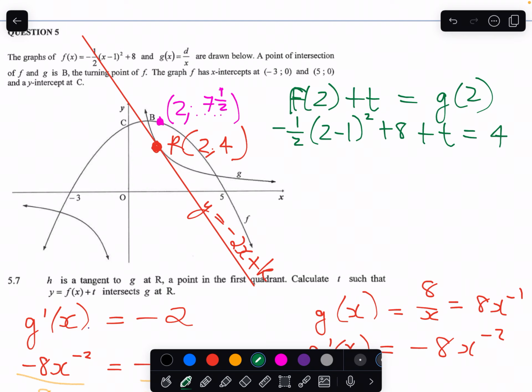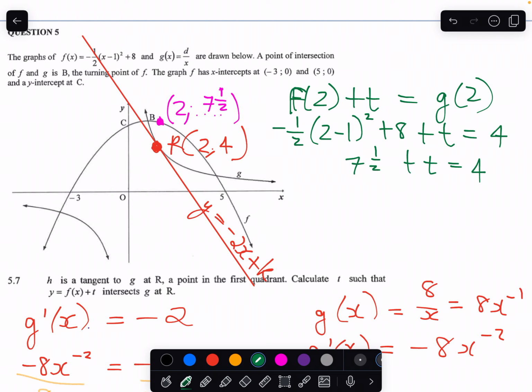Well, that's really just what I did, honestly. So that would end up being 7.5 plus t is equal to 4, and t is equal to minus 3.5. What's another way we could have done it? Let's look at the memo.